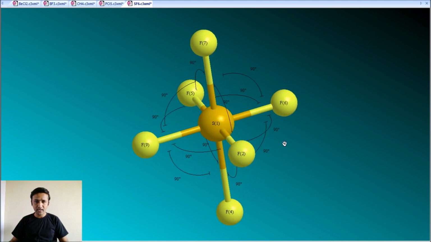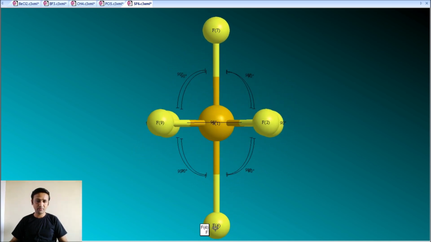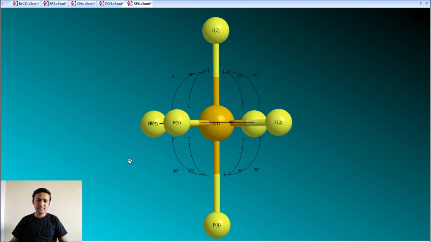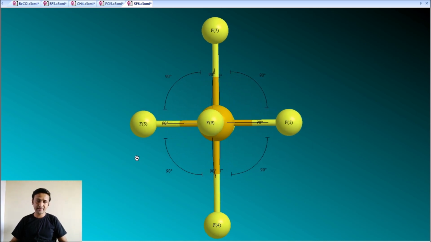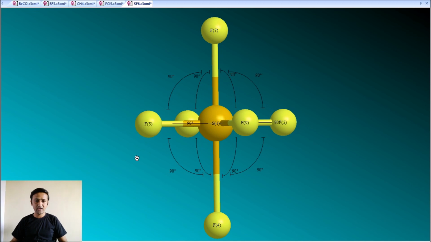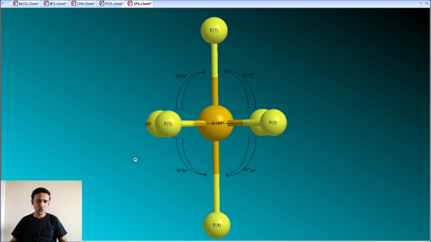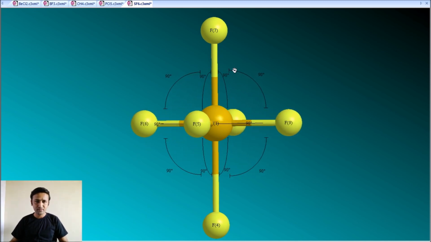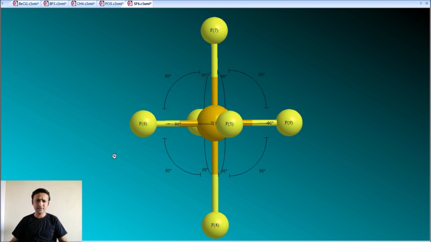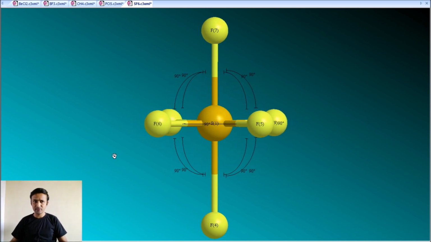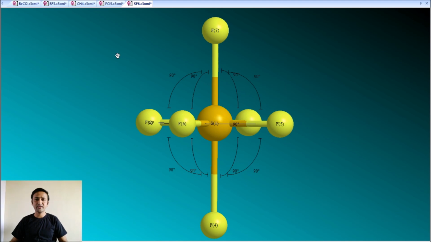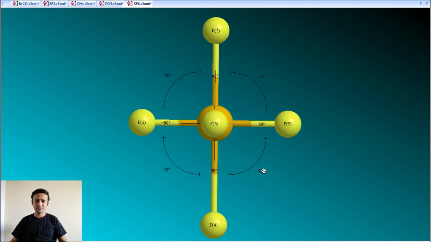And 1 fluorine above the plane, another fluorine below the plane. So totally we have 6 fluorine atoms. You can easily count the number of 90 degree angles now, as it contains only 90 degree angles. There is no 120 degree angle in this geometry. We can take it as octahedral geometry, and this is a molecule of the type AB6.